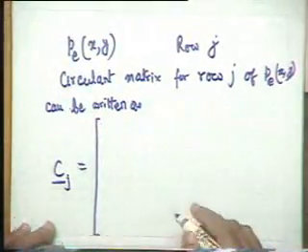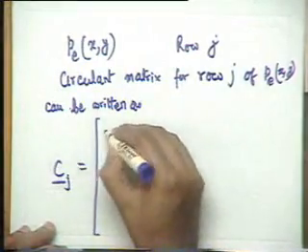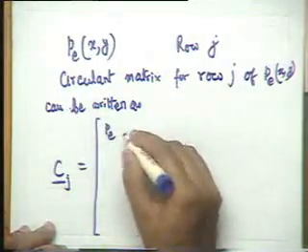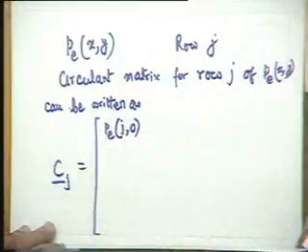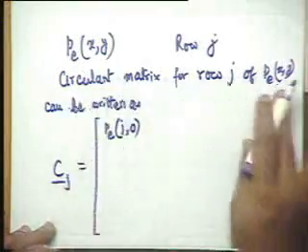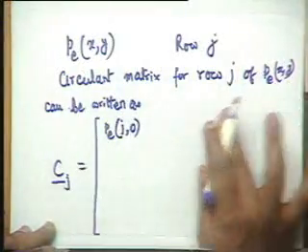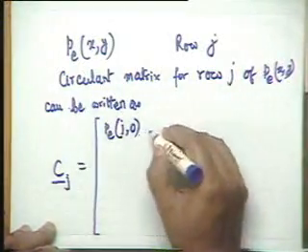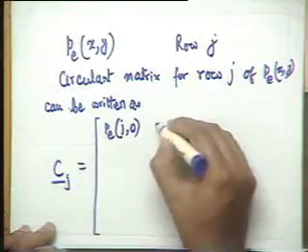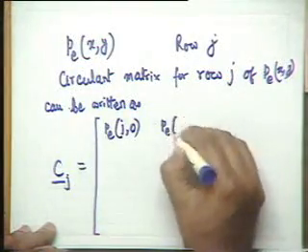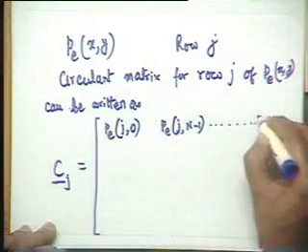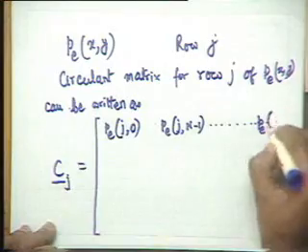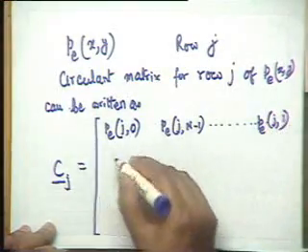So that can be written as follows. Tell me, what should be the first element? p_j0, because j will remain everywhere, since it is a circulant matrix composed of the jth row. That is why j will always remain. The rest of the elements can be written as p_j(n-1), and so on, up to p_j1.